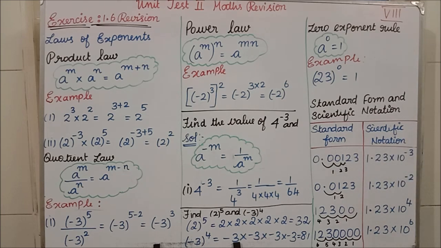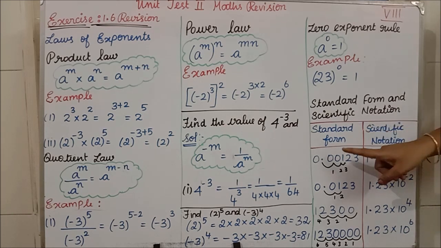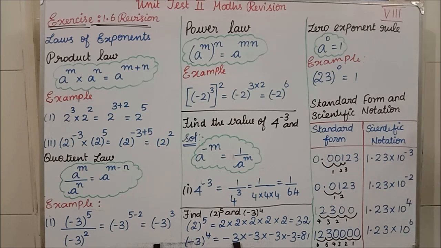0.00123 they have given. How to write this in scientific notation, students? First, here the dot is there. Where we have to keep the decimal is after the first non-zero number. Non-zero number means you should not keep the decimal after the 0.